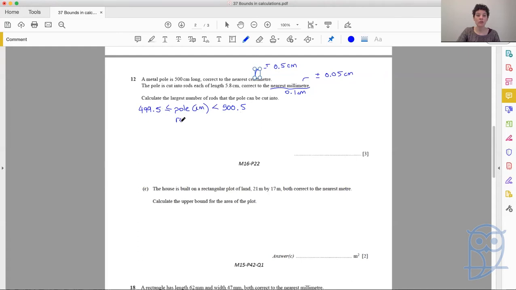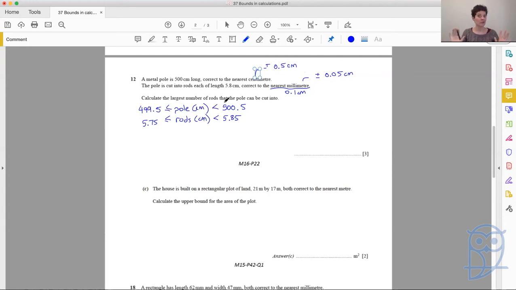Then we have the rods, and they're also in centimeters, because we were organized when we read this question. 5.8 minus 0.05, 5.8 plus 0.05.